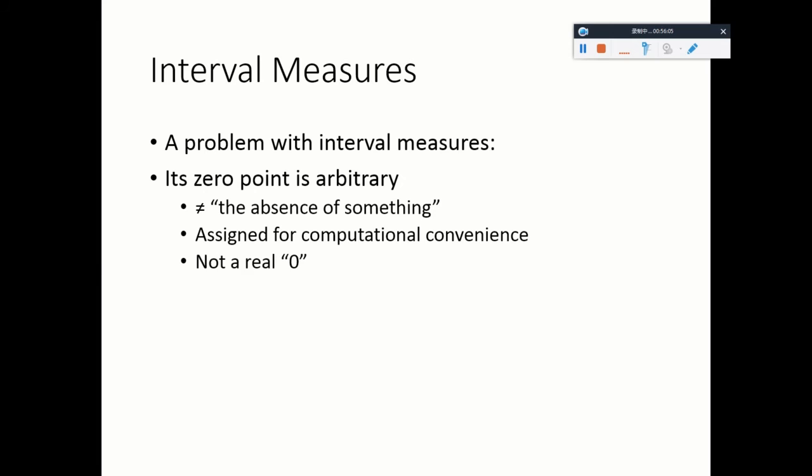This 0 is not a real 0. I know this is very abstract. Right? I had a problem understanding it when I was an undergraduate student like you. So, let's look at an example.